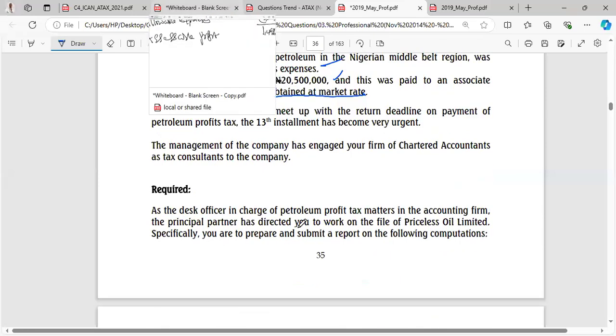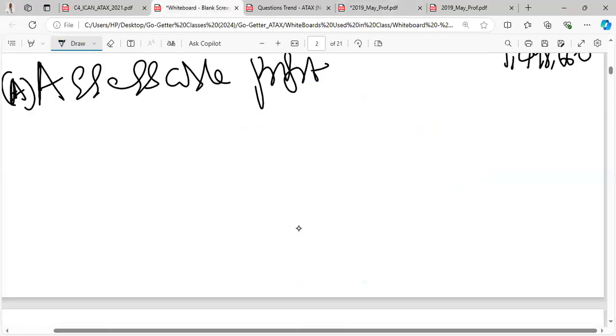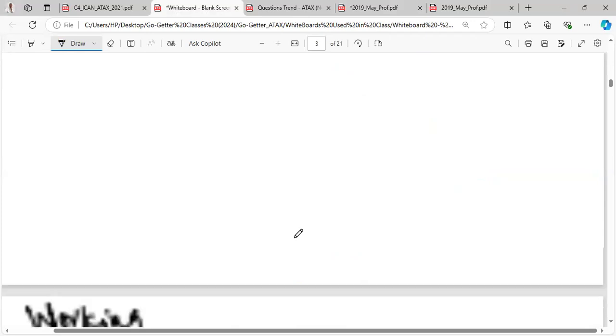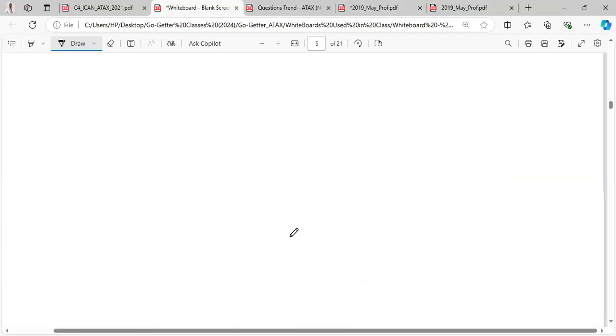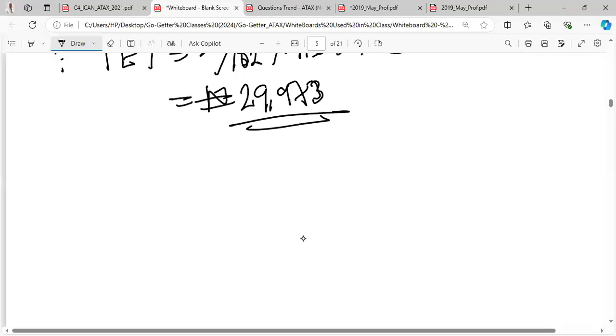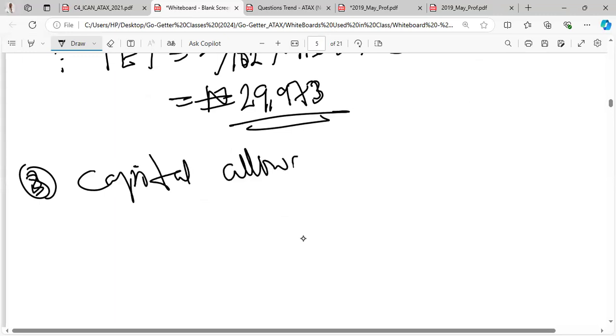So you will say less capital allowance. Capital allowance is workings number 3. So let's go to workings number 3 and deal with capital allowance. Workings number 3, capital allowance.